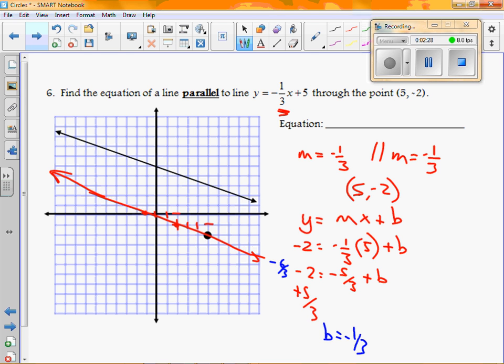So I know that this line right here is a line that has a slope of negative 1/3, because parallel lines have the same slope, and a y-intercept of negative 1/3. And this is using slope-intercept. You use slope-intercept, point slope. Yeah, that's it. That's a pretty easy way to do it. Just plugging it into y equals mx plus b.